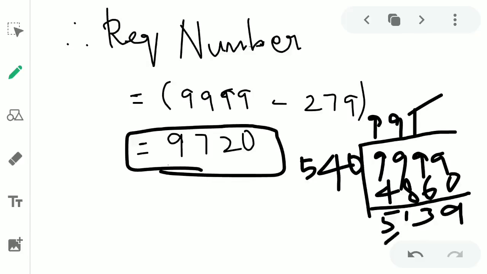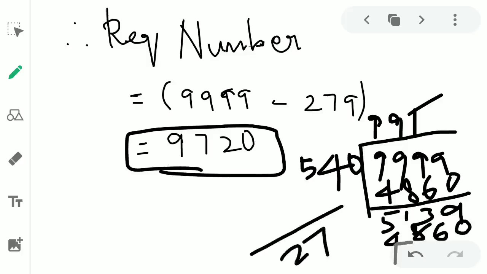I'm writing here 4. The remainder will be 279.